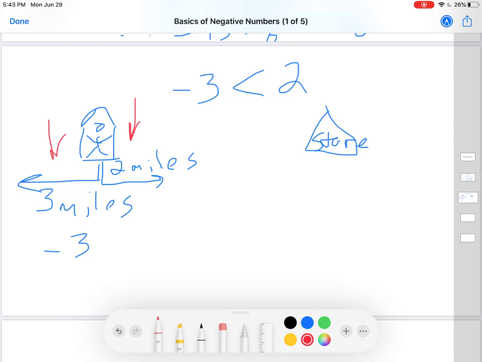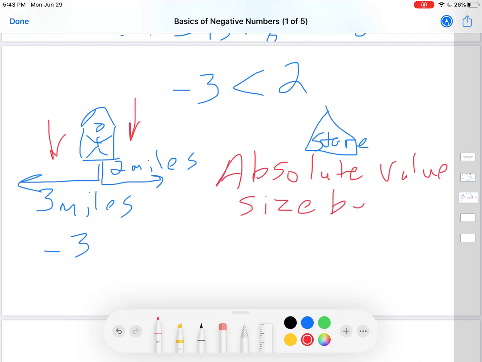When we care about the size of things without caring about the direction, that's called absolute value. That's when we care about the size, but not the direction.